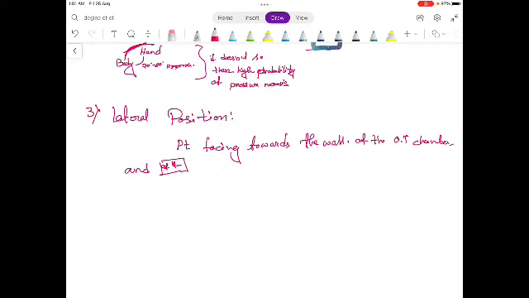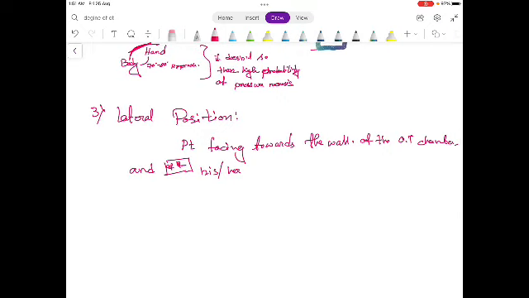And very important, this is the most important part: his or her one leg should bend towards his front.